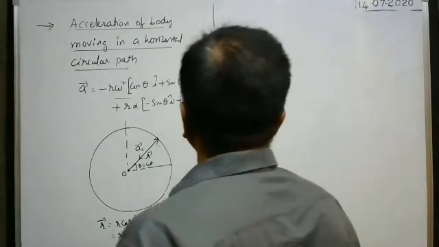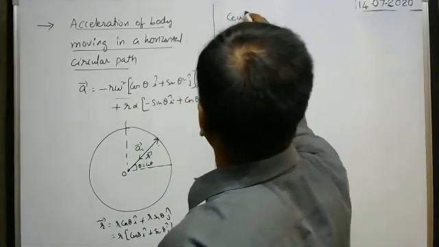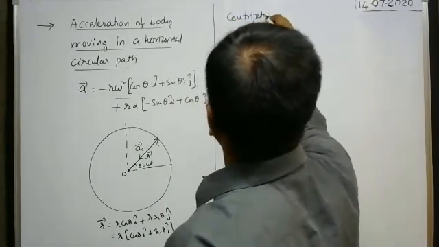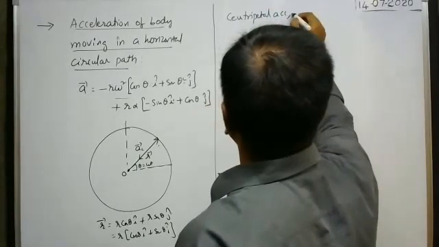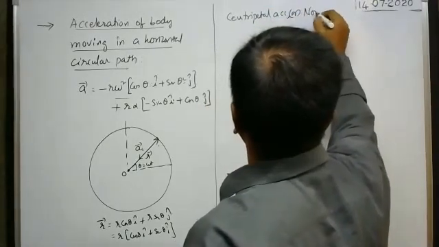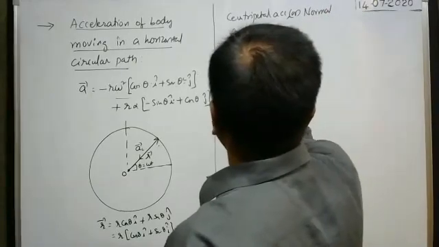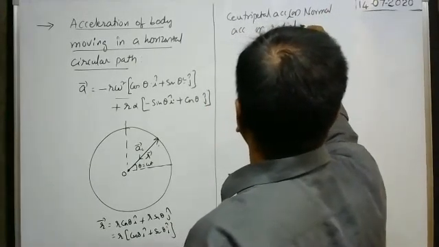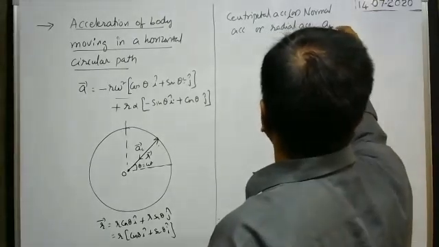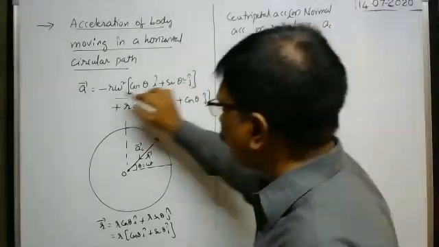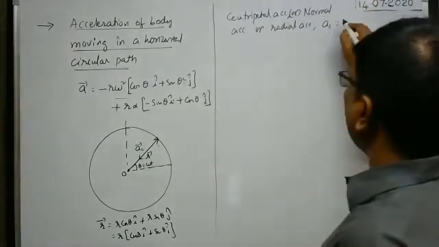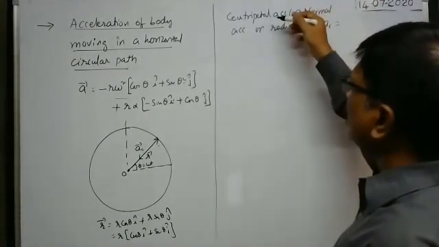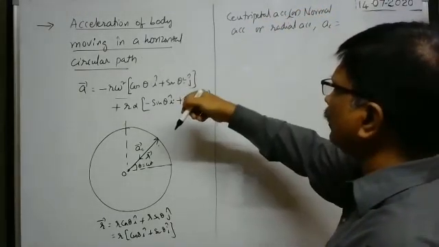So from the diagram, centripetal acceleration is also called the normal acceleration, or the radial acceleration. All are the same, radial acceleration, that is AC. AC bar is equal to this one, or the magnitude of AC is equal to r omega square, because centri means towards the center.